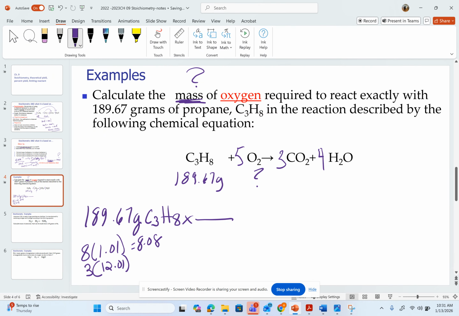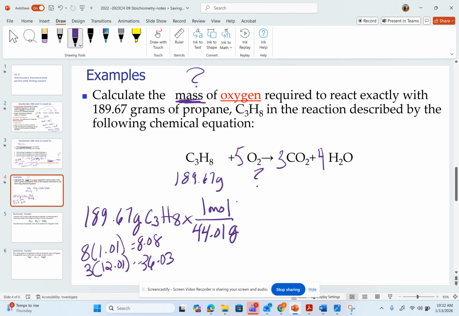I can go to my calculator. 3 times 12.01 is equal to 36.03. Now I'm going to add those together. 8.08 plus 36.03. So the molar mass of propane is 44.01 grams per mole.